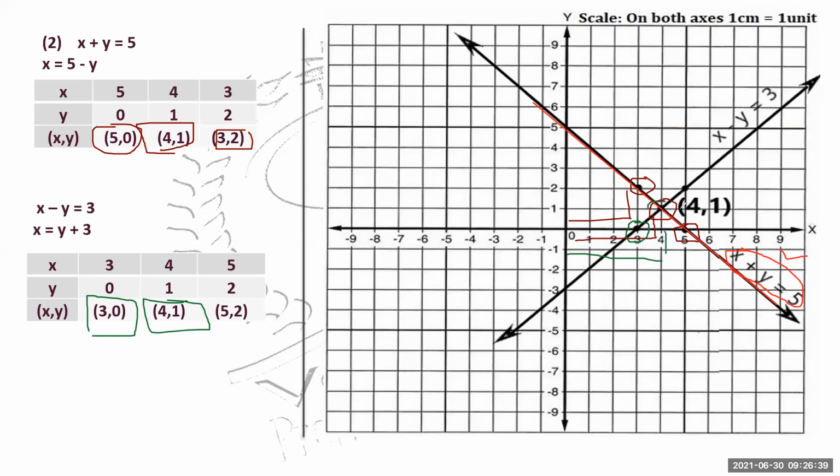So 4 comma 1 has already been plotted. Next is 5 comma 2: 5 places towards the positive x-axis and 2 places up. So you've got all the points of the second equation plotted.